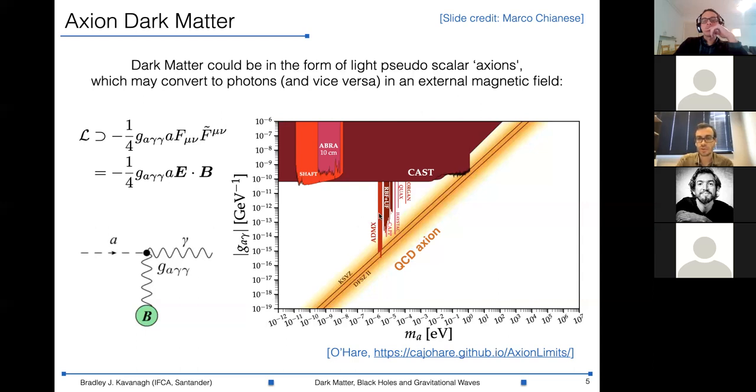And so what you can do is you can go away and build a number of different detectors and use these detectors to search for axions with a specific mass and probe down to different values of this coupling strength here, g_aγγ. And nothing has been found using those techniques.